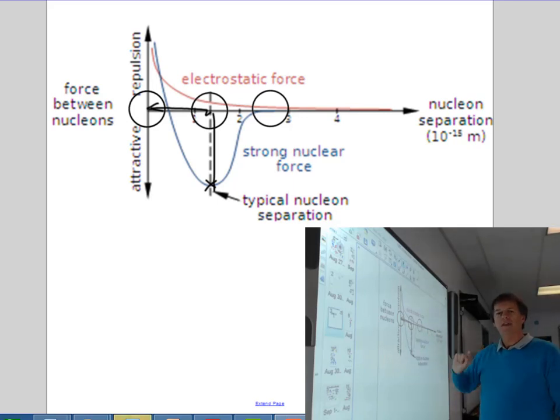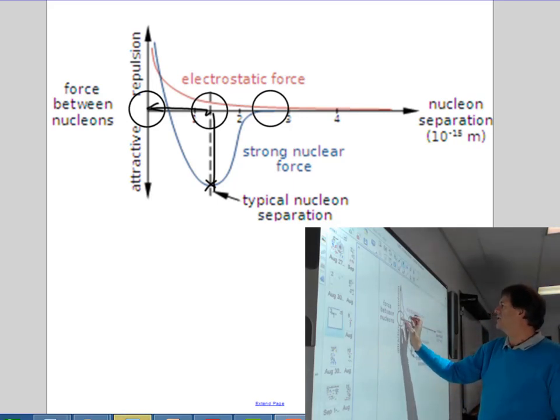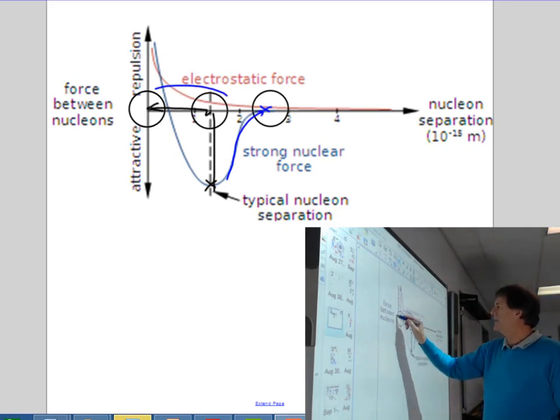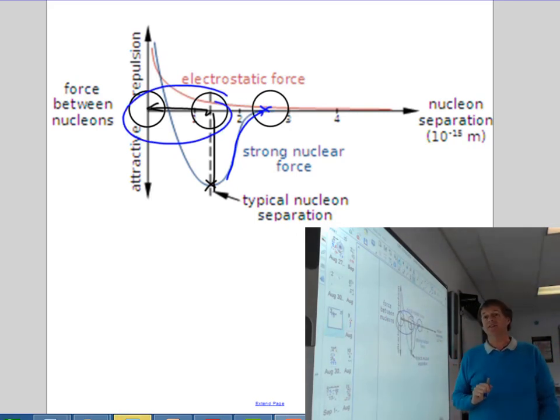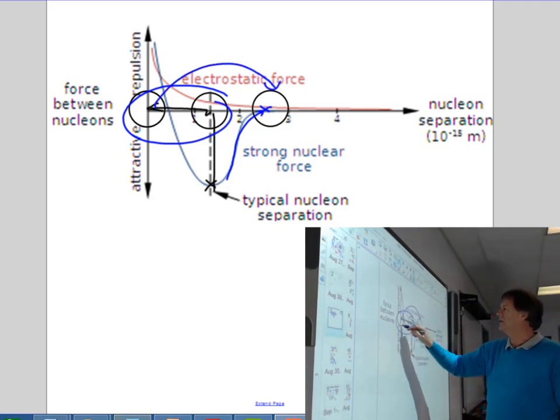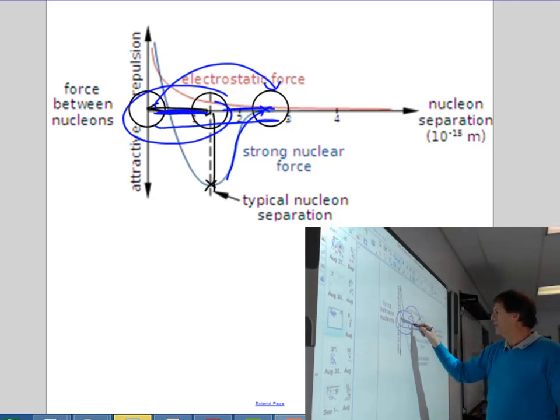The other thing you can bear in mind is that if you see that as the optimum distance, the next nucleon over would be outside the range of the nuclear force. You can see it drops off to virtually zero there. So it is only the neighbouring nucleons that are going to experience that nuclear force, not the next one over. These two will not exert a nuclear force on each other. This pair will, and that pair will, but not non-neighbouring nucleons.